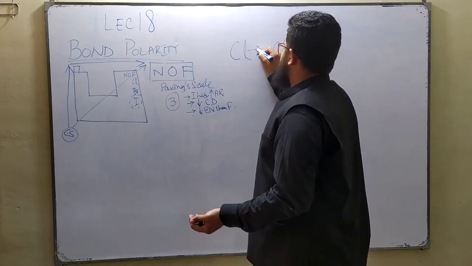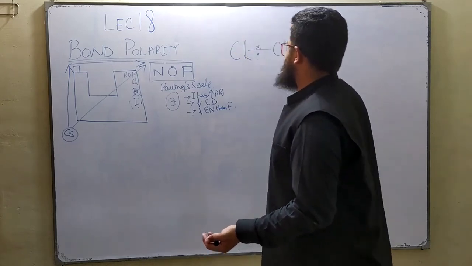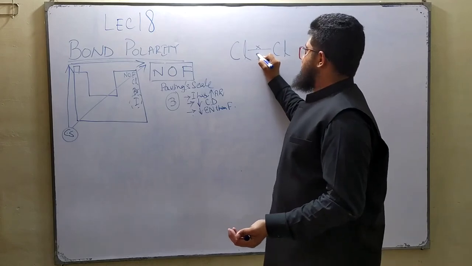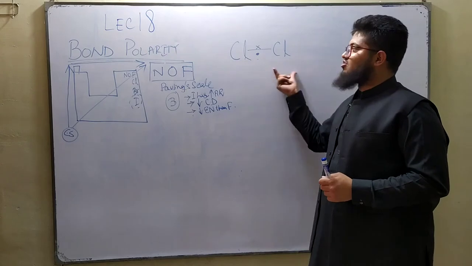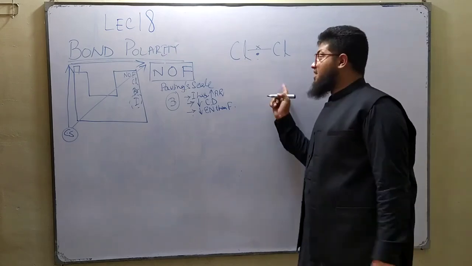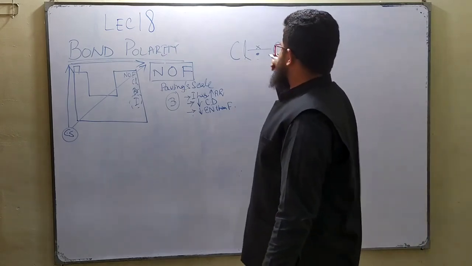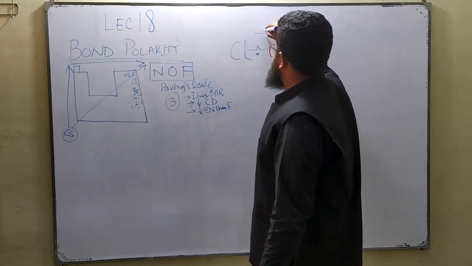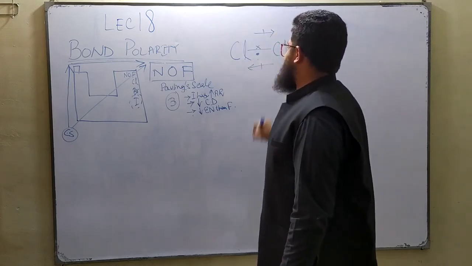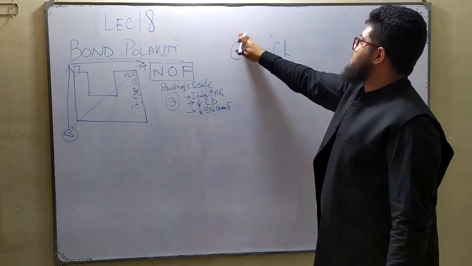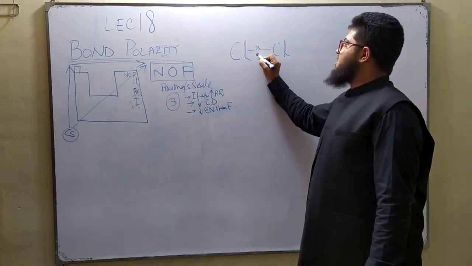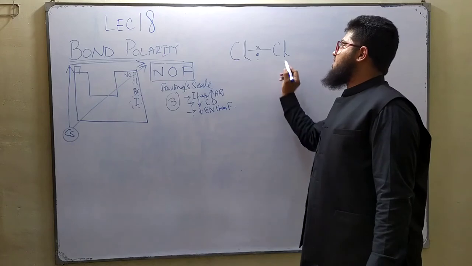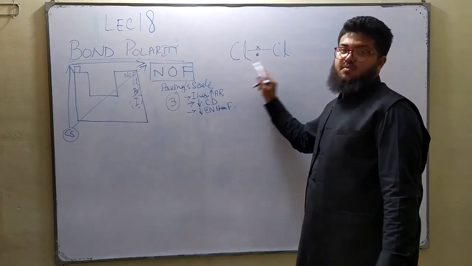I'm not drawing the other lone pairs for simplicity. Chlorine is identical to chlorine, so their electronegativity is equal, and the pull from both sides is cancelled out. That means the electrons are located exactly at the center of the bond, midway between both atoms.